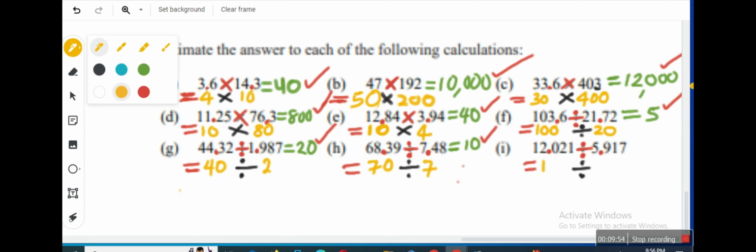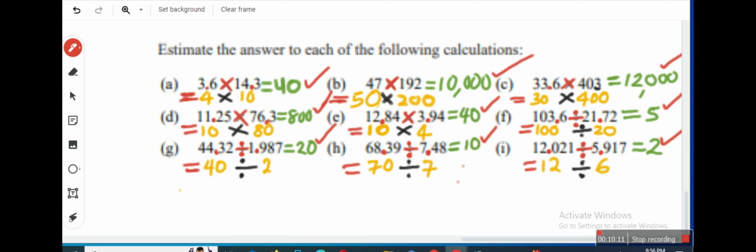You are just required to estimate. So you can actually use 12 divided by 6, something that can easily divide out. Okay? So the final answer will be 2. That's it. I think that's clear.